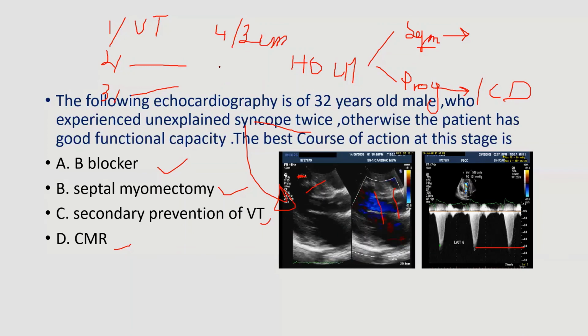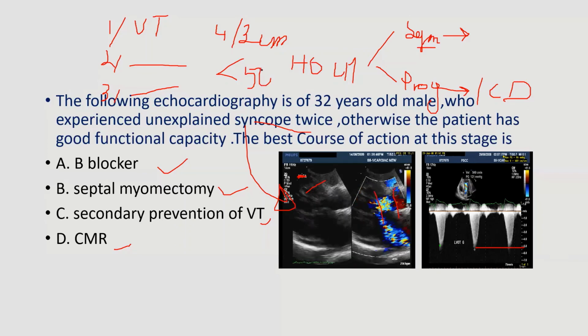Now in the new guideline, they have added two or three more. They have added the ejection fraction less than 50, because usually in HOCM the ejection fraction is approaching 100% actually, because you know it's a strong heart because of muscle. So if the ejection fraction is lower than 50, that is prognostic. Or if there is an apical aneurysm.